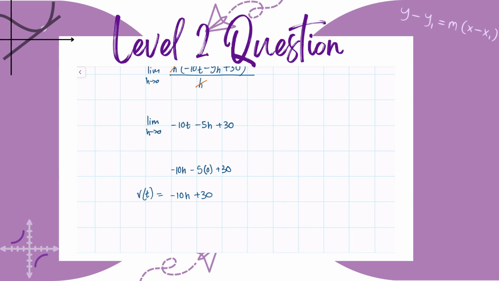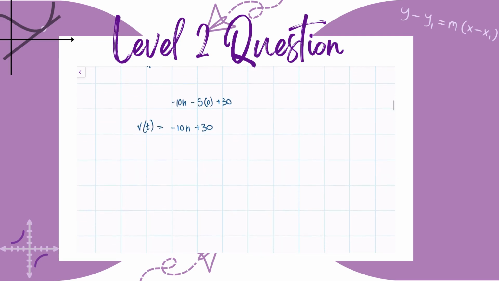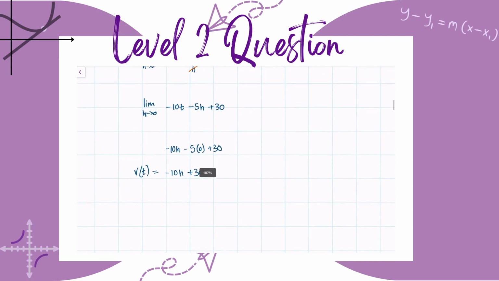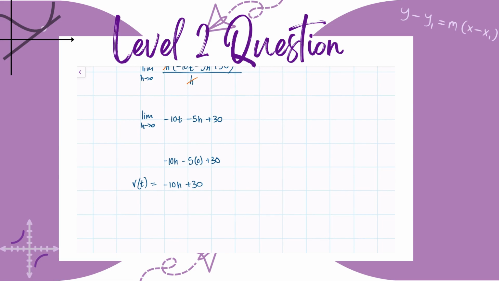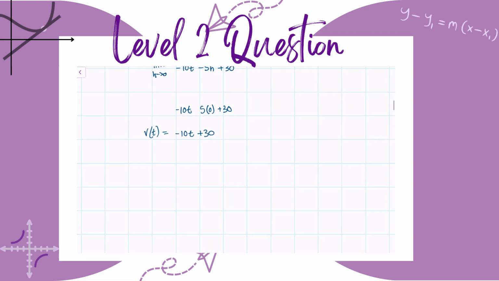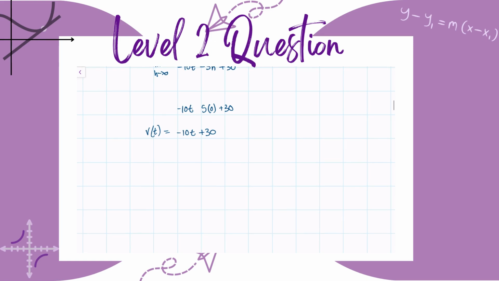And our question was, what is the velocity at 4 seconds? So I made a mistake over here. That's not h. That is t. So our question was, what is the velocity at 4 seconds? So all we really have to do is plug in v(4) into the equation.